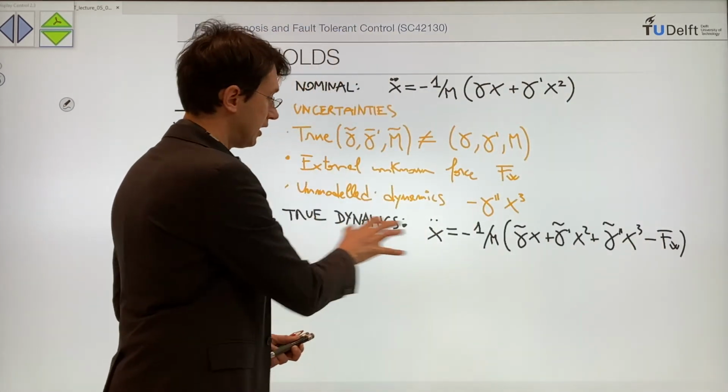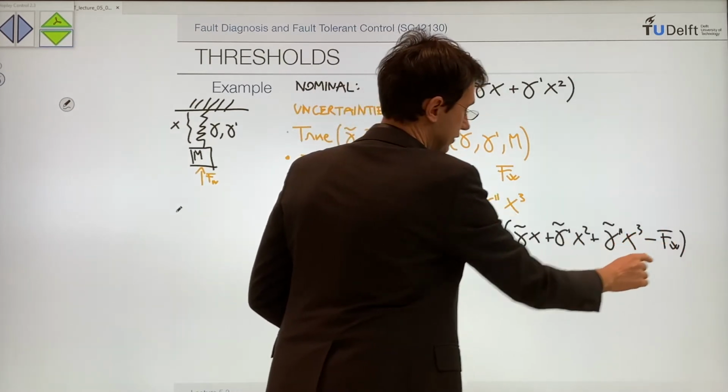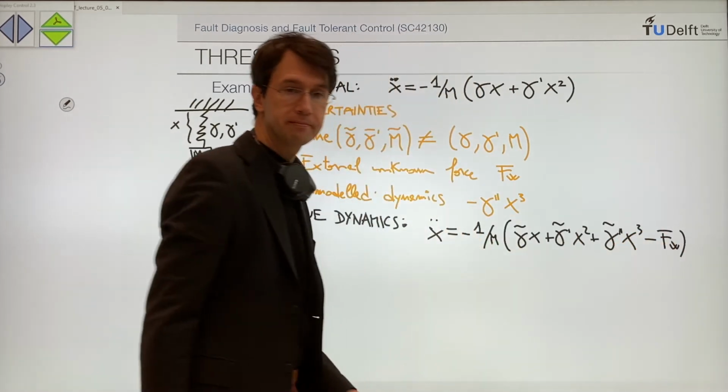So this is the entire true dynamics. So I have minus Fw because I have a minus here in front.